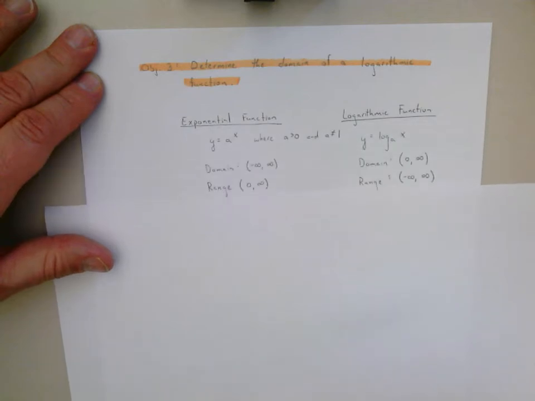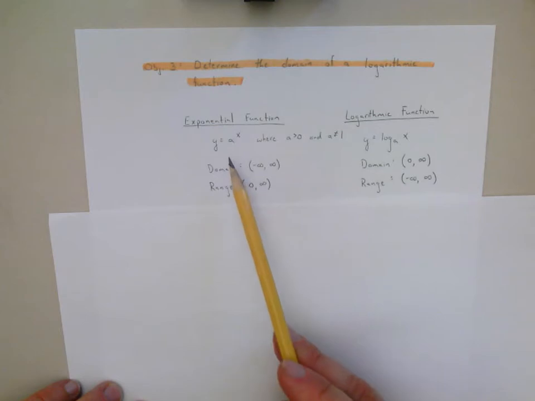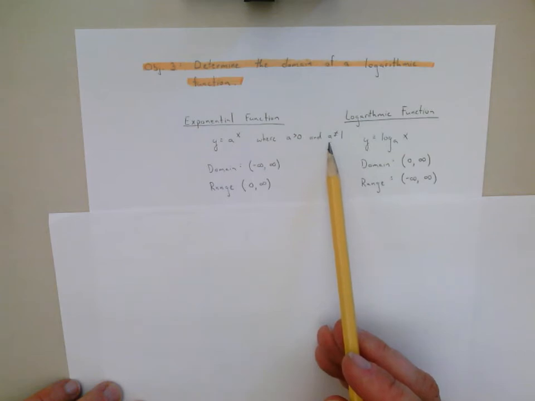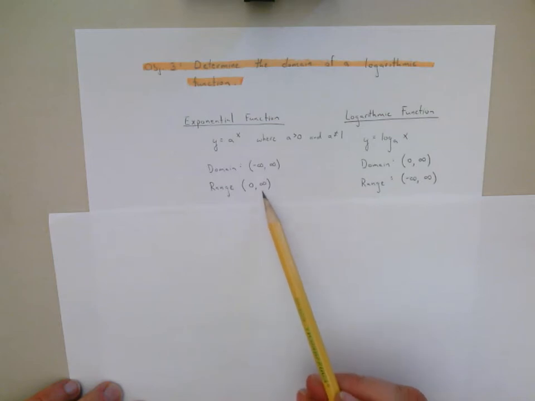So to determine the domain of a logarithmic function, let's remember that we started our study of logarithms by learning that they are the inverse of an exponential function. So I'm going to write down our standard exponential function, y equals a to the x, where a is greater than 0 and not equal to 1, reminding you that the domain of the exponential function is all real numbers, and the range is 0 to infinity.